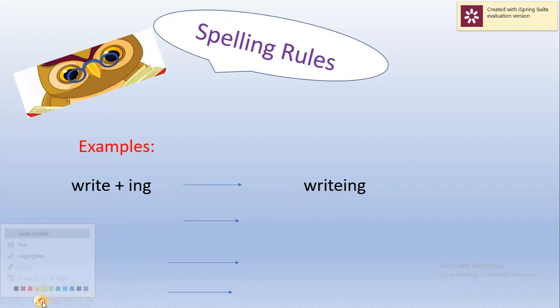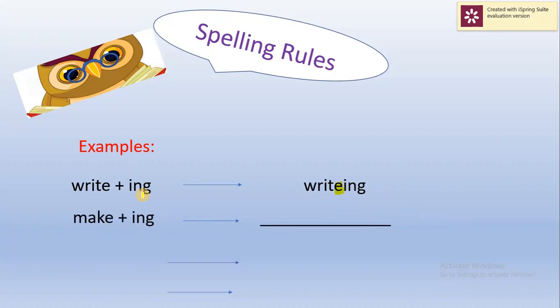You have to drop this E. No need for it. Okay, you should delete it, you should omit it. So the verb is writing without this one. Okay, so it is writing. Never keep E when you want to add ing. Okay, now let's have a question. Here we have make, and here we have ing.